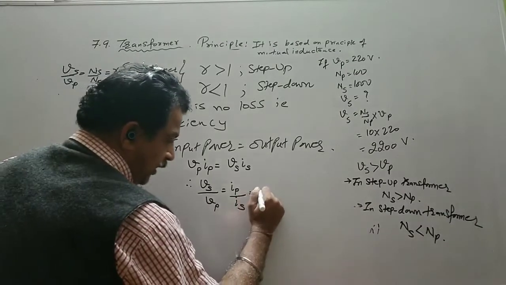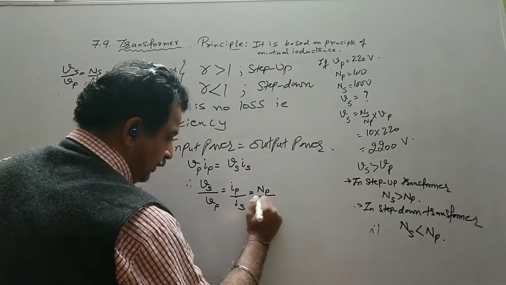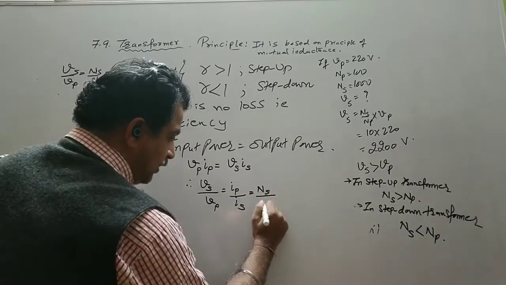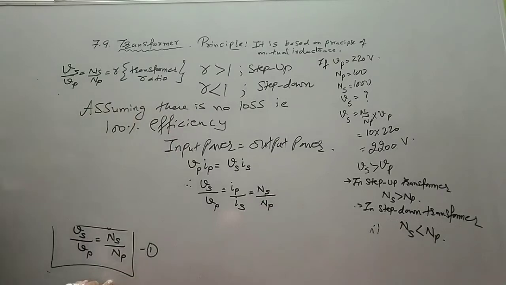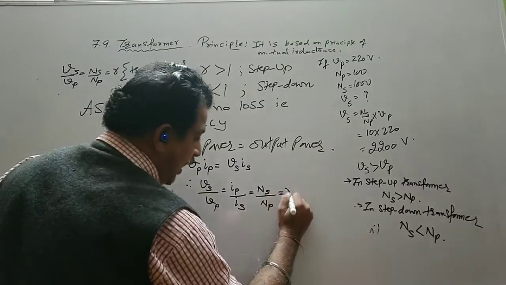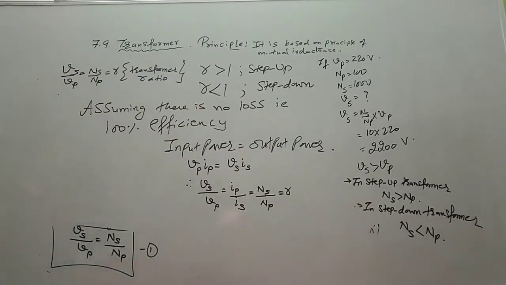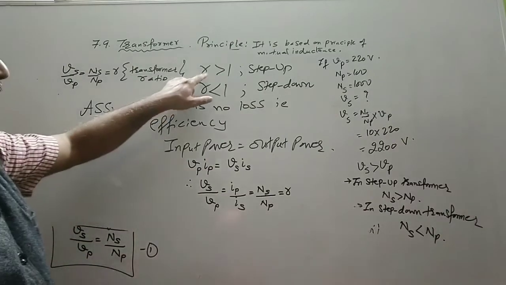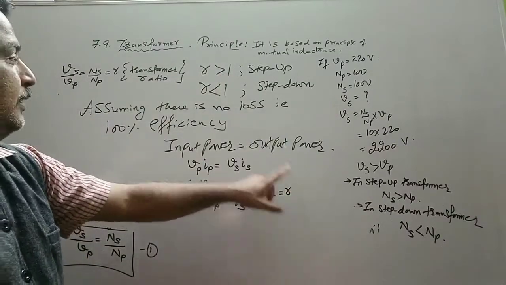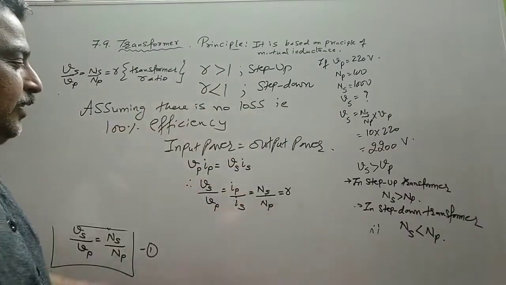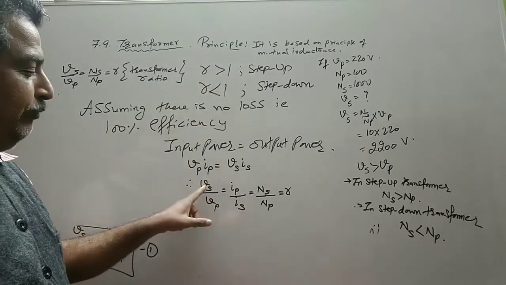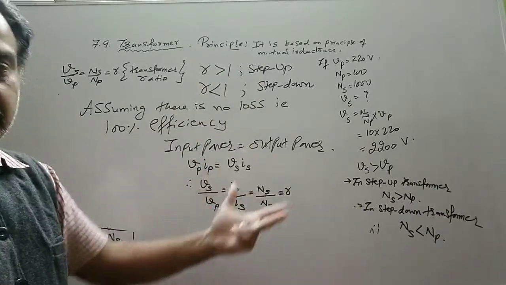So this can be written as Ns upon Np, and this is R. Again, if R is greater than 1, then we know Ns is greater than Np, or Vs is greater than Vp, that is a step up transformer.